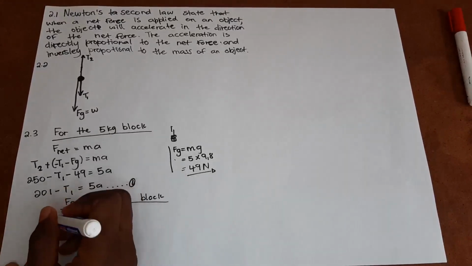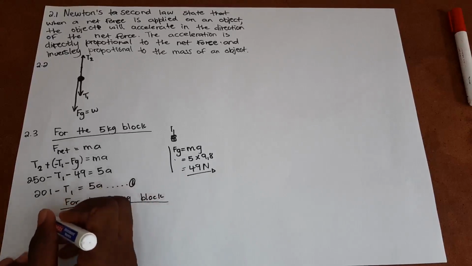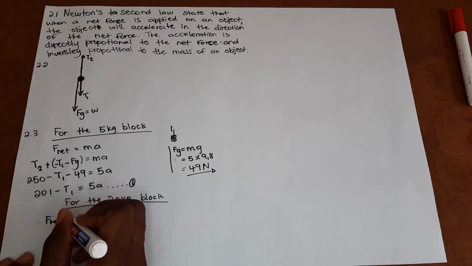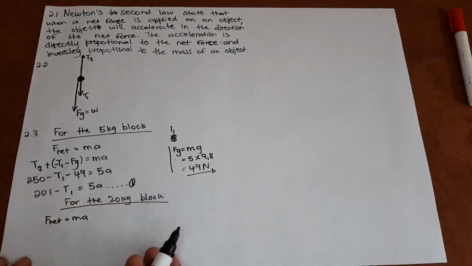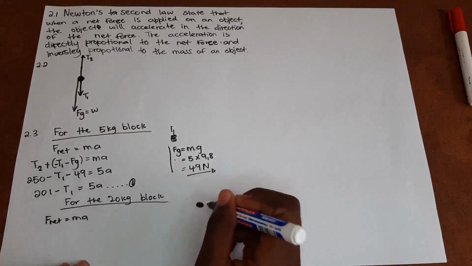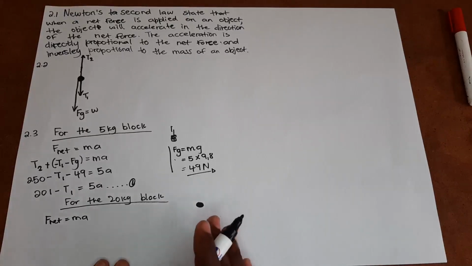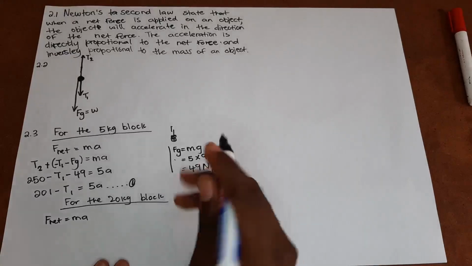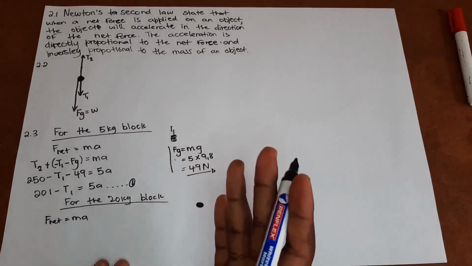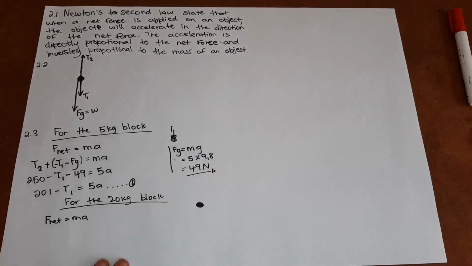Our net force is equal to MA. So net force, all the forces acting on that 20 kg block. If you want to look at what force is acting on that 20 kg block, look there.